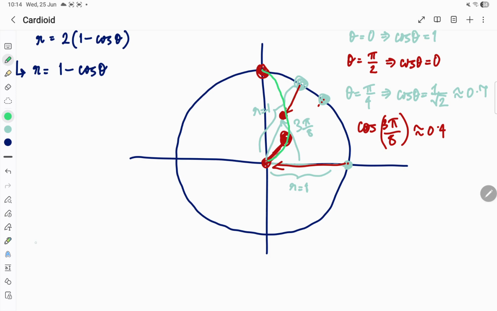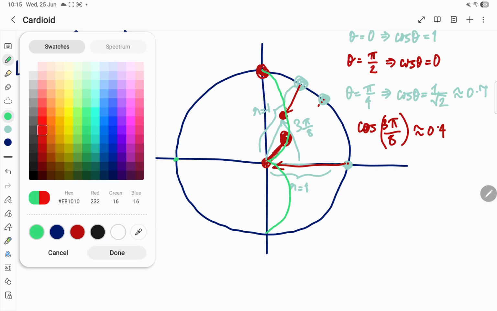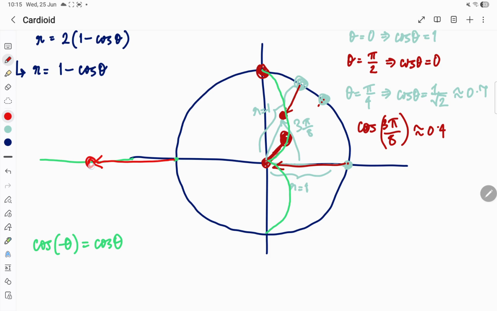And you know that cos minus theta is cos theta. So in the negative also we are getting something like this. Now see, something similar will act here. At this point this distance is 1, so this will again get stretched by 1, dragged to 1 distance in the negative.